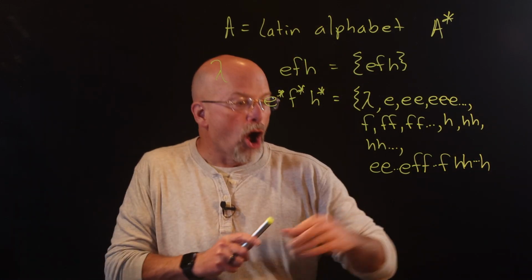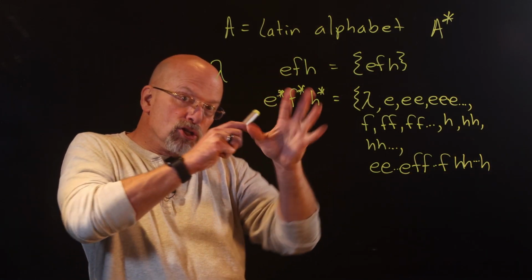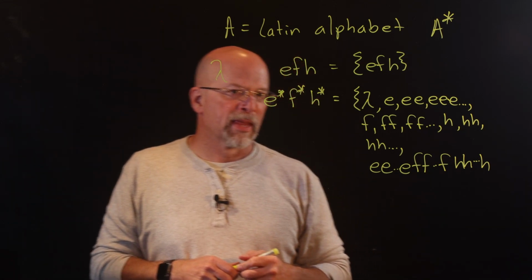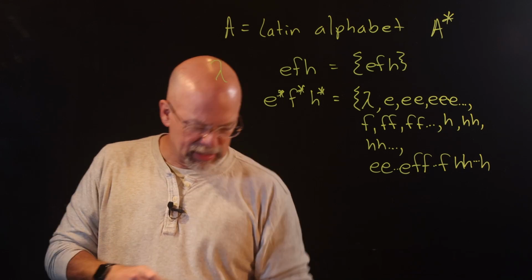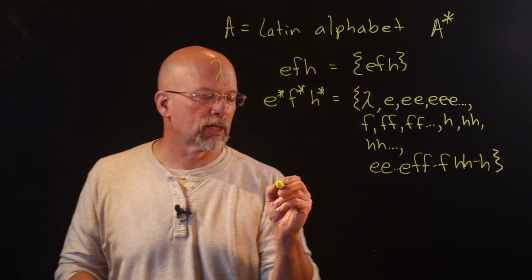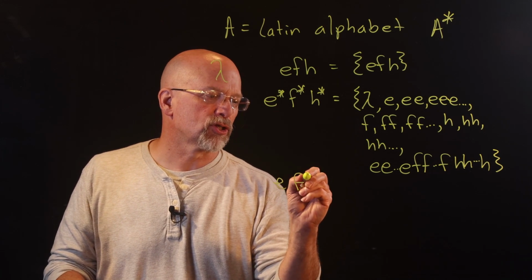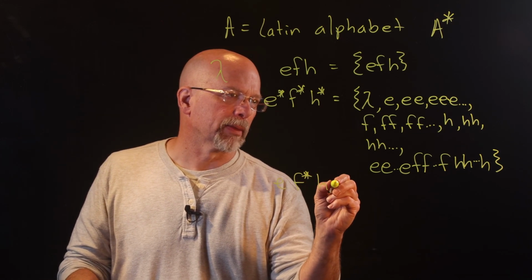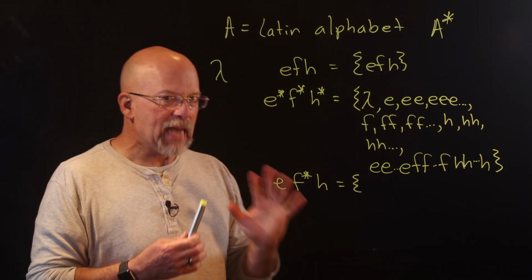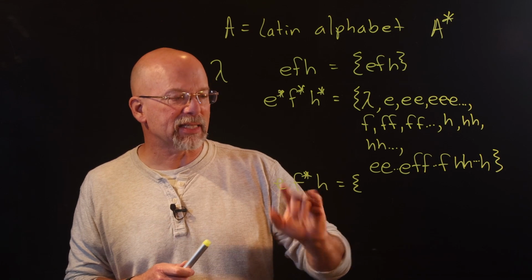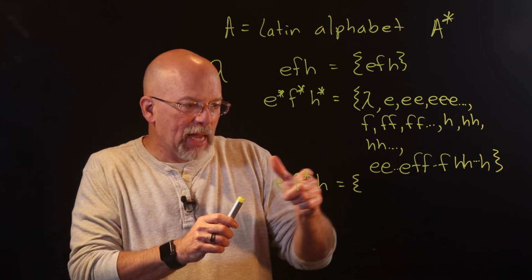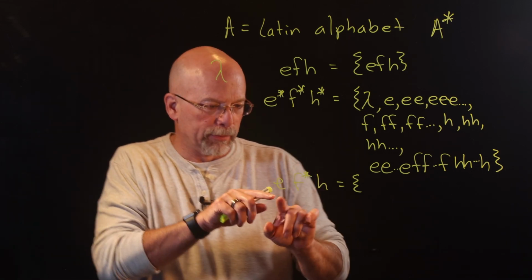All right, they're always going to be in that order because there's no mechanism in this regular expression to swap things around. Now, what if we tried something slightly different? What if we went with a regular expression like E F star H, okay? Now, in this case, the empty string is not one of the options because it has to have, note, I don't have any parentheses grouping things together for this star to be applied to.